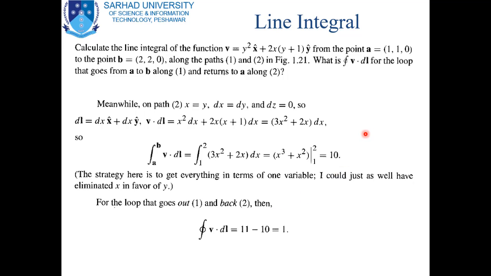which is the displacement. And for the displacement we know that the values of x and y vary similarly, so x is equal to y and dy will equal dx, and as we are calculating the line integral in the xy plane, dz will equal 0. So our differential length will be equal to dx x cap plus dy y cap, but for y we will put x, as y and x are equal.